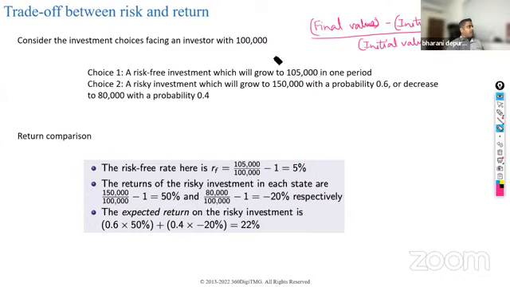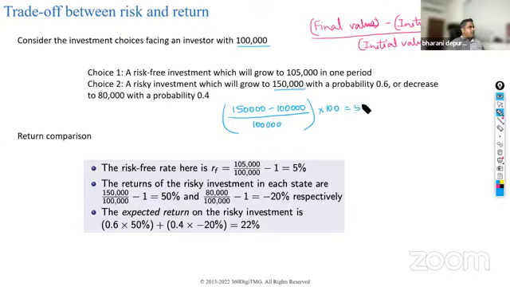Now, going by this formula, if you invest the same 100,000 and get 150,000, how do you get 50%? 150,000 minus 100,000 divided by 100,000 into 100.